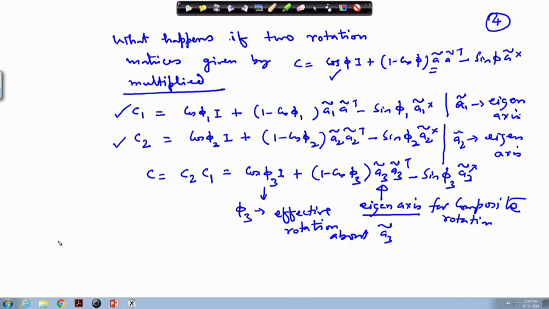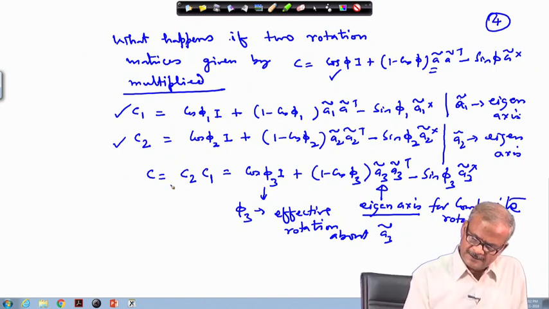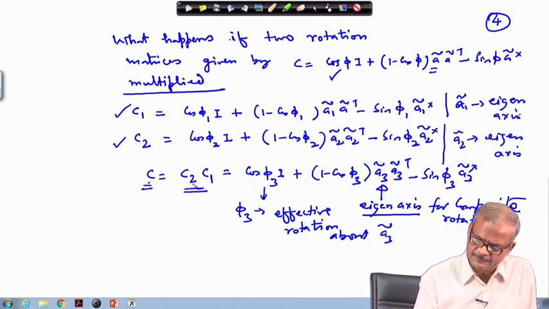Obviously, if I am representing this C by the operation of these two matrices, C 2 operating on C 1, then this also must satisfy all the properties of a rotation matrix. This needs to be proved.